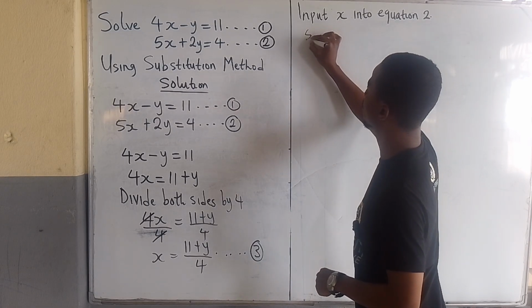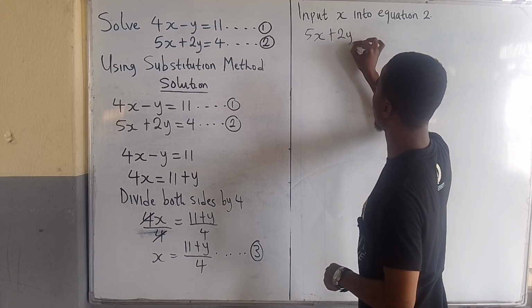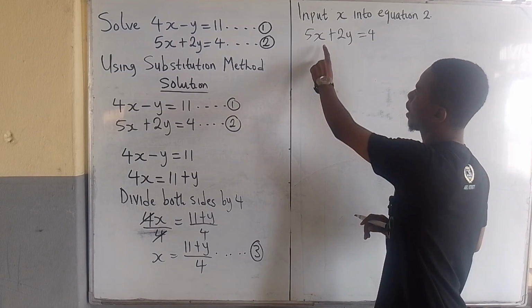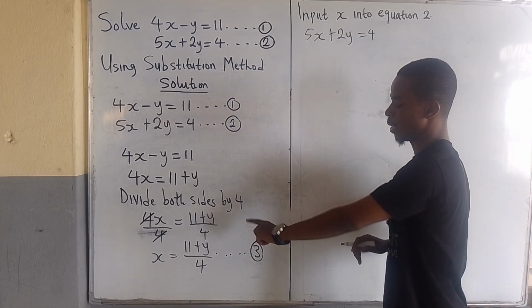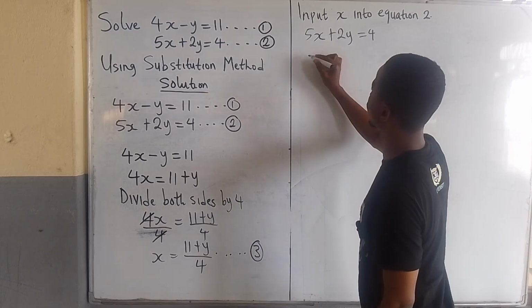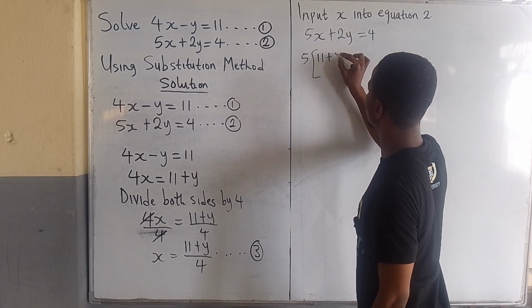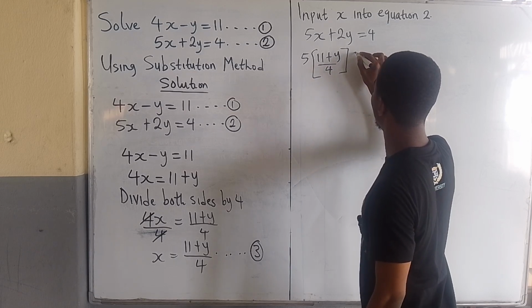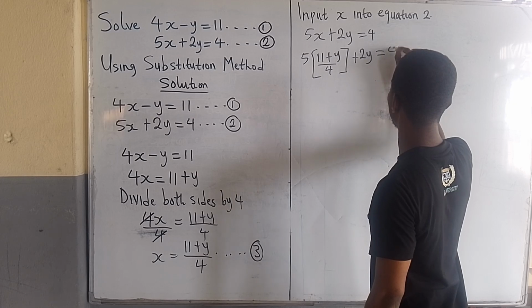Our equation 2 was 5x plus 2y equal to 4. So that means wherever I see x, I'm going to write 11 plus y all over 4. So this is 5 multiplying 11 plus y all over 4, plus 2y equal to 4.